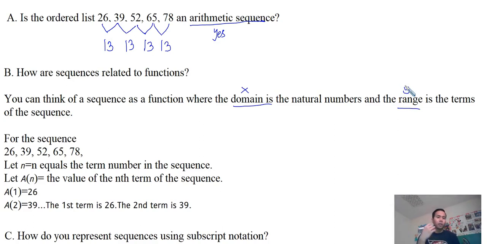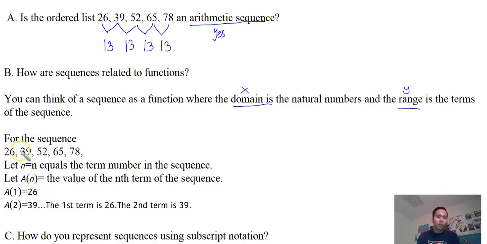So in our letter A example, 26, 39, 52, 65, 78, let n be the term number in the sequence, and let a sub n be the value of the nth term of the sequence.